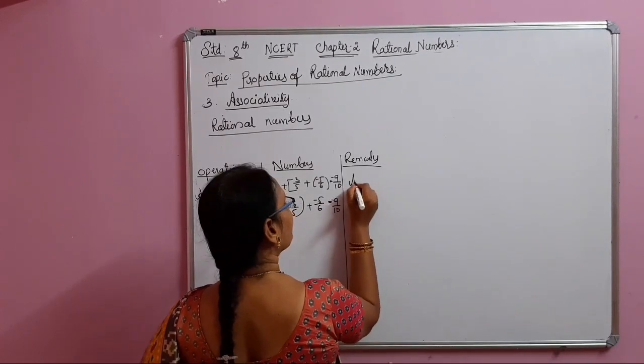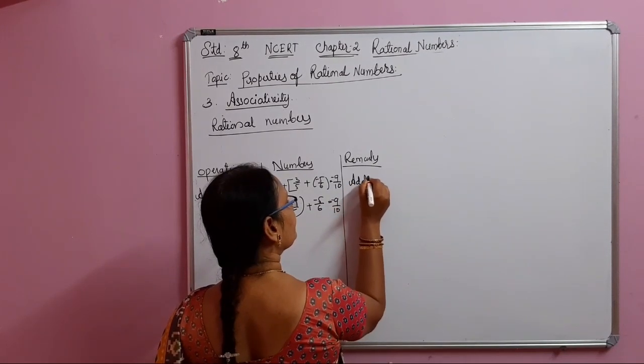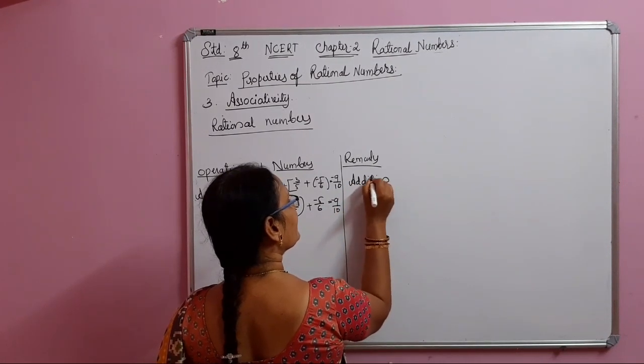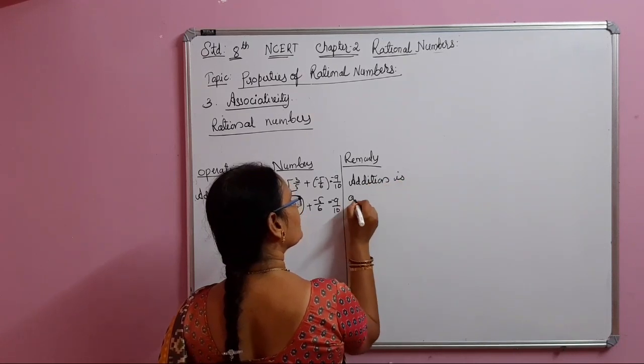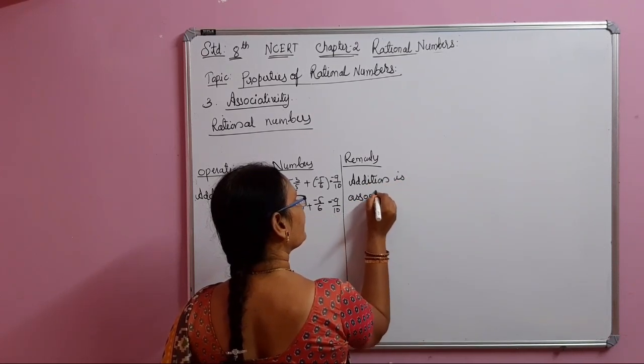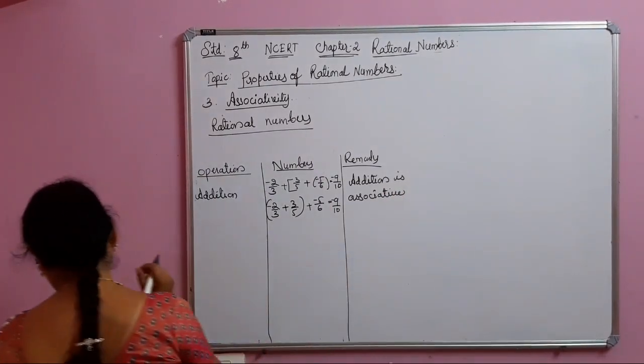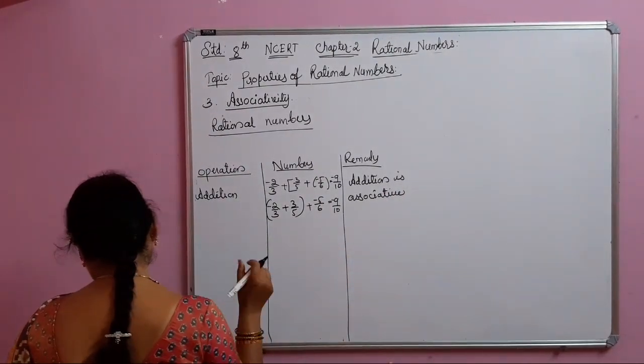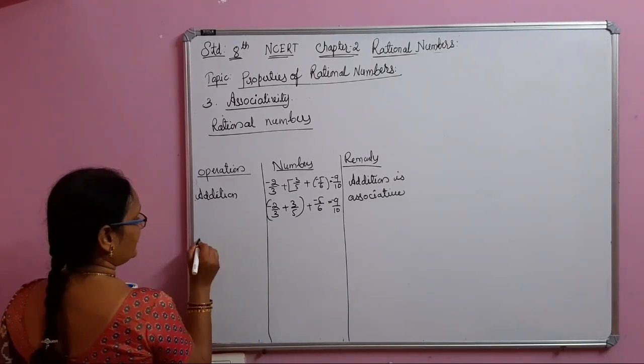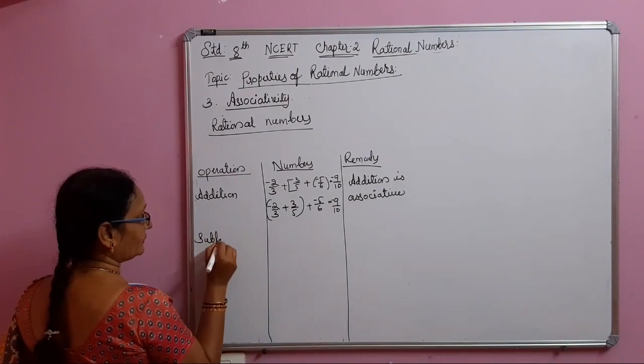This shows that addition is associative. But subtraction is not associative.